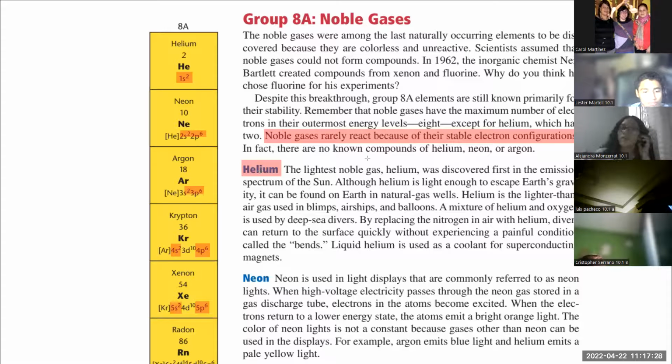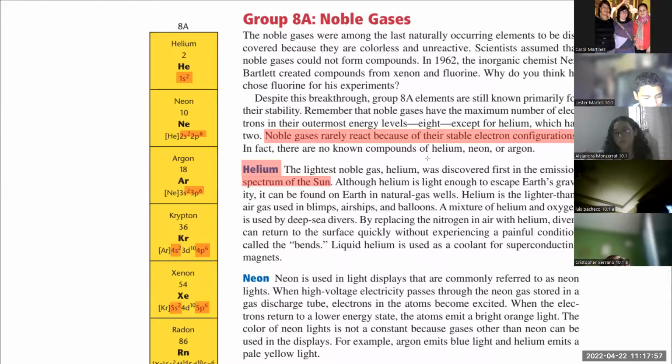And this helium element was discovered in the emission spectrum of the sun. Scientists were analyzing the spectrum; every element has a different spectrum. So scientists were analyzing how the sun looks, and they found a spectrum that they didn't know.